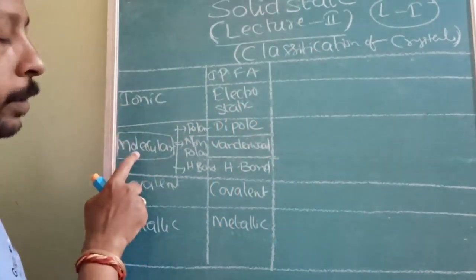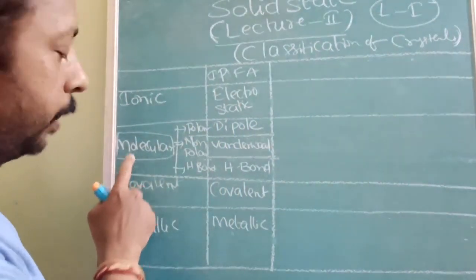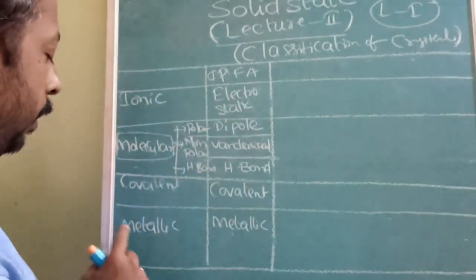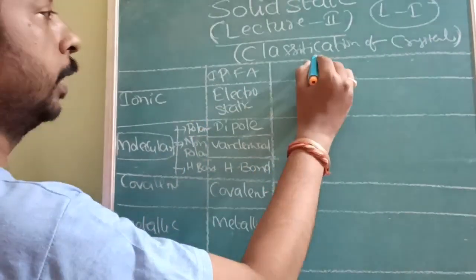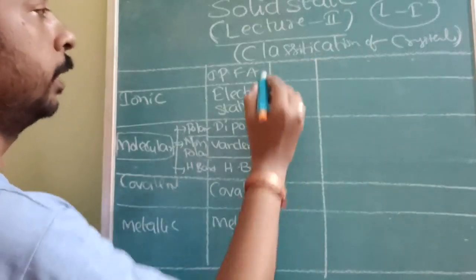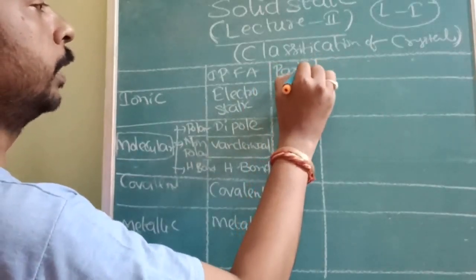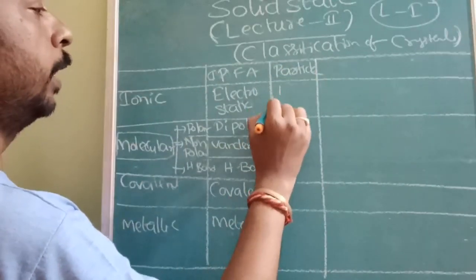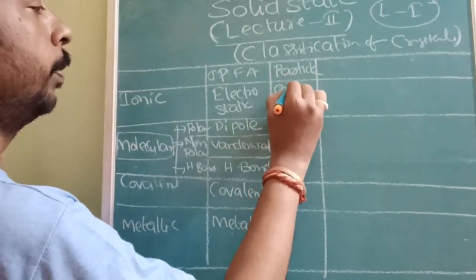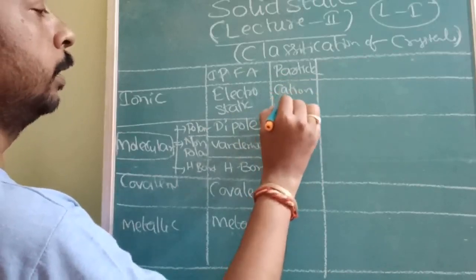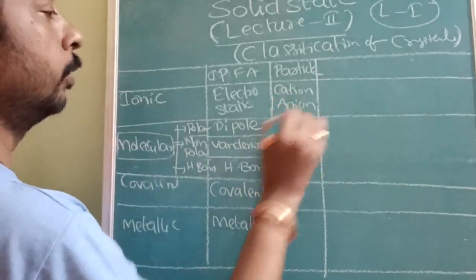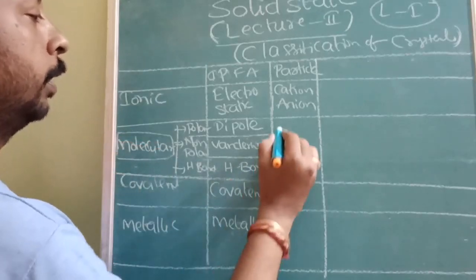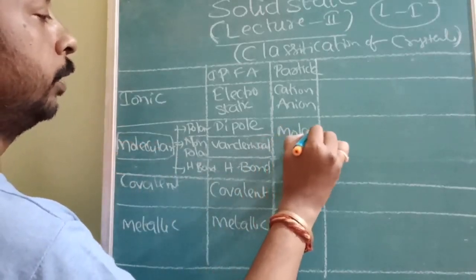Here ions are present, here molecules are present, here covalent atoms are present, and here metallic. Next, what constituent particles are available? Here cation and anion, it will contain 2 parts, cation and anion. In the molecular solids they will be simple molecules.